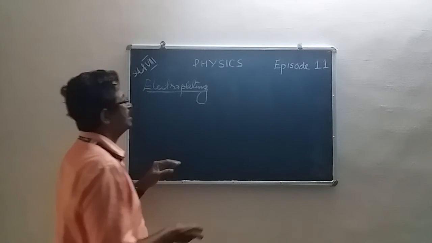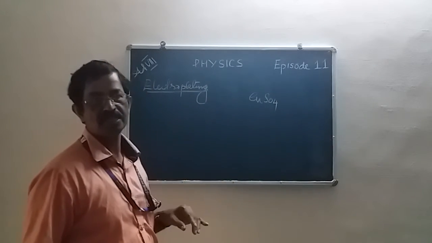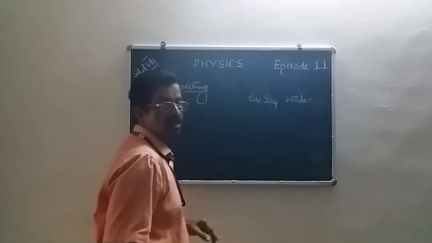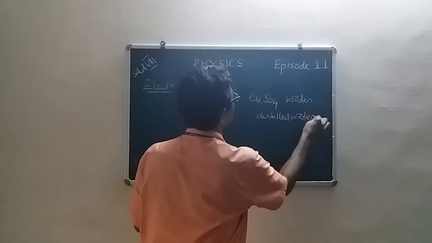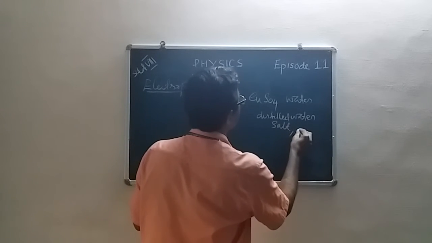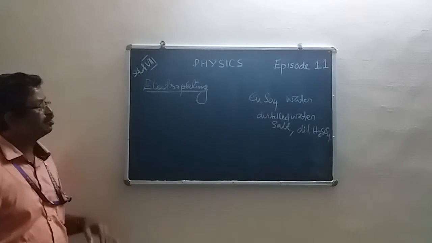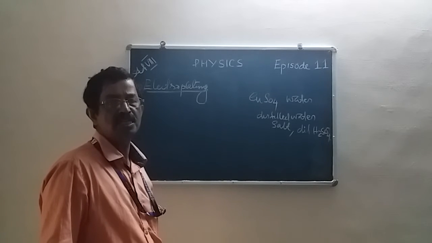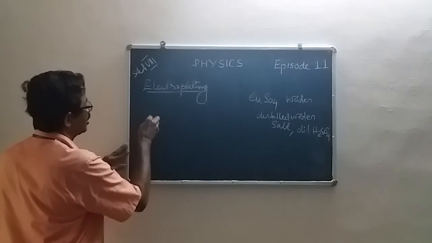For that we require copper sulfate, then water, then distilled water, then some salt, then also dilute sulfuric acid, etc. Now, electroplating by using copper sulfate solution. See here. Now here in a beaker.